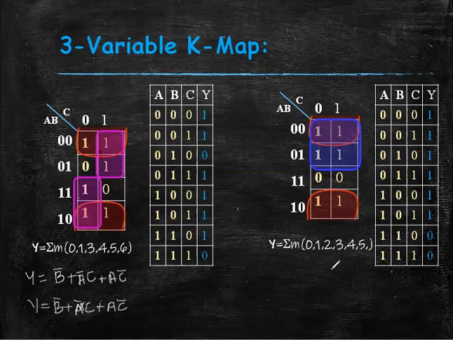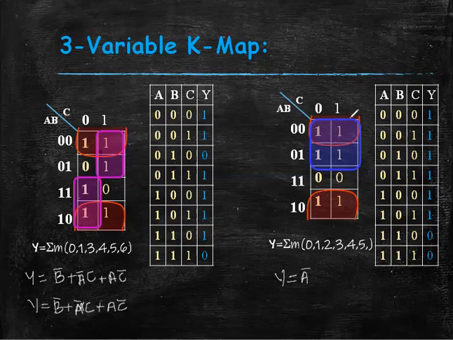Then there must be a sum of two variables, that is, the output must be y equals, for the first one, the quad in blue color, a bar.